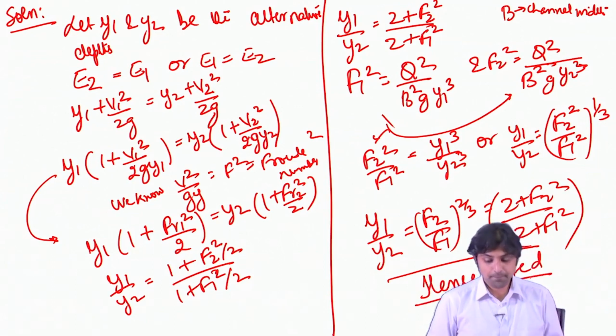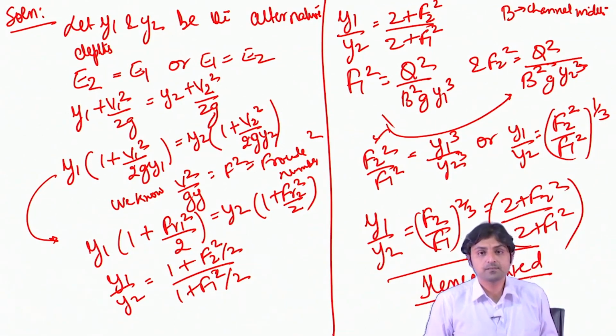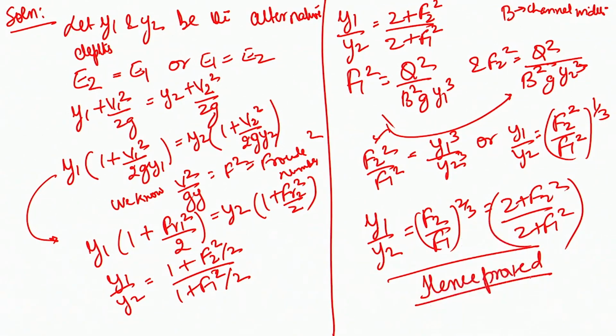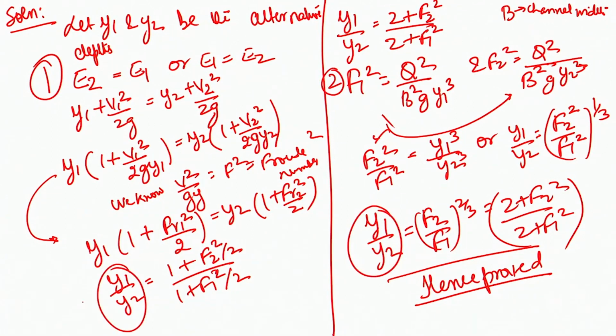Basically, we started with equating specific energy. That was step 1. Step 2 was writing the Froude number in terms of Q and obtaining y1 by y2 from here, and equating it with y1 by y2 from step 1 gives us the required result.